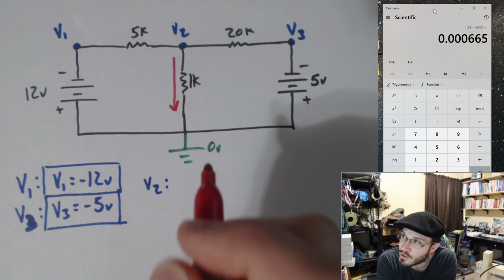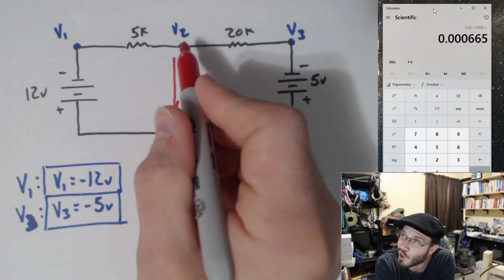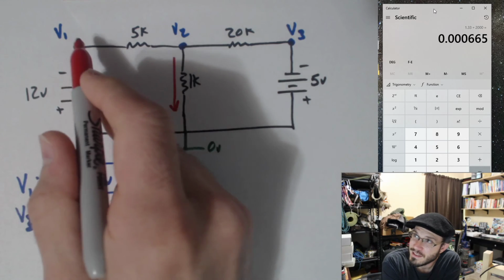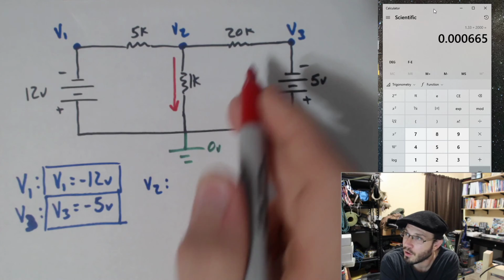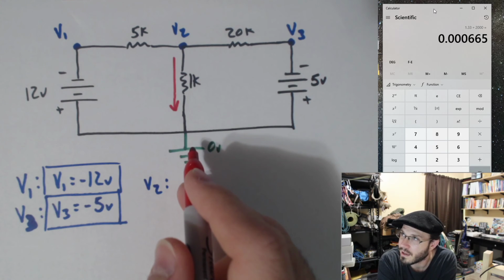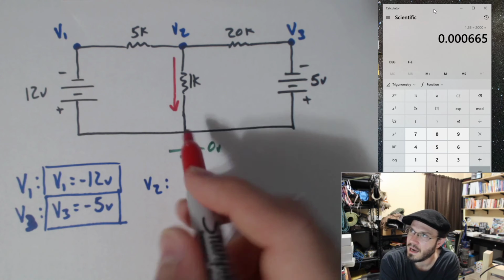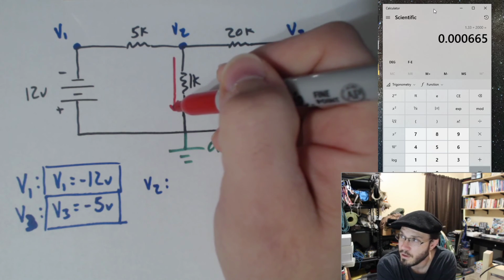Everything in this circuit is screaming to me that this is actually a lower voltage than this point, right? If this is 12 volts and this is minus 5 volts, this is all going to be lower than this point. And yet, when I write out this equation, I'm just going ahead and saying, well, this current goes down. And there's nothing wrong with that.